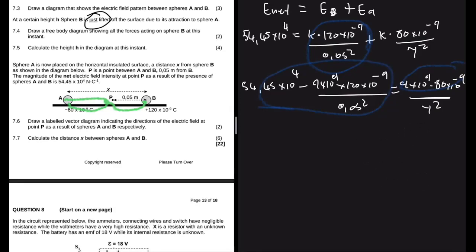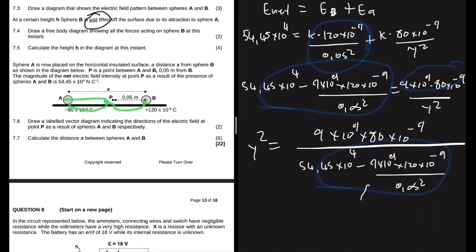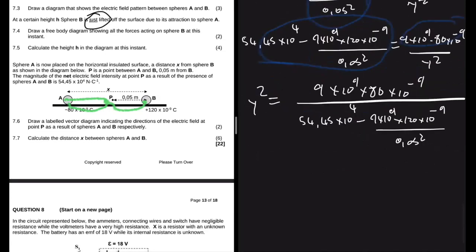So we're going to have Y squared equals 9 times 10 to the power of 9 multiplied by 80 times 10 to the minus 9 divided by this entire expression. So that's essentially what we're doing there. And then after this, we will take square roots on both sides.